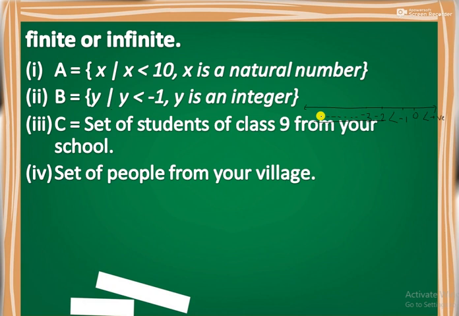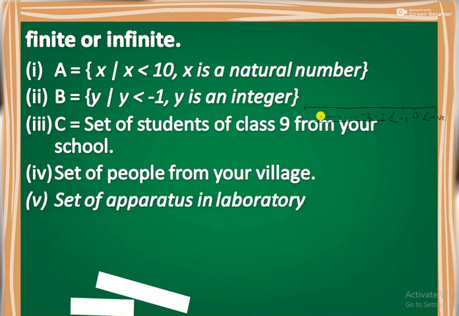Yes, we can calculate the number of people of your village through the data. So that is also finite. Next one, set of apparatus in your laboratory. Yes, you can also count this. So that's why it is a finite set.